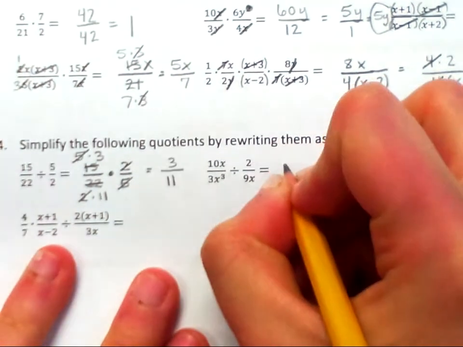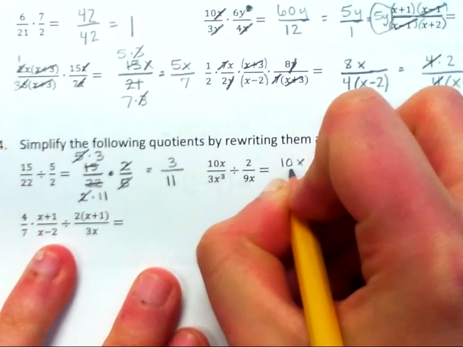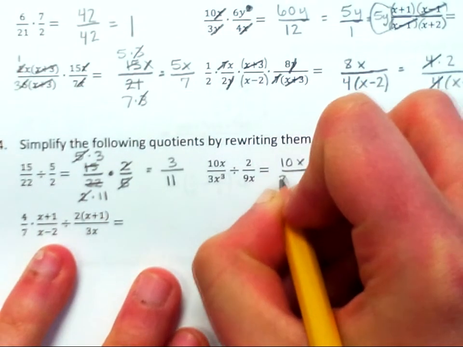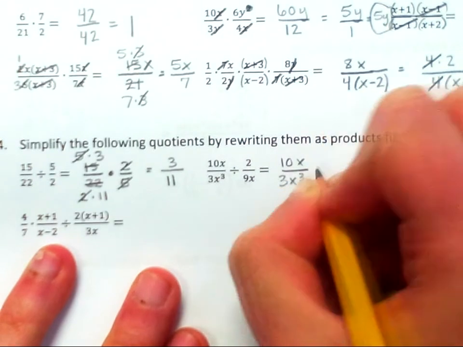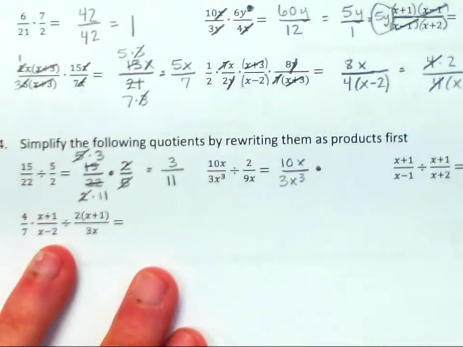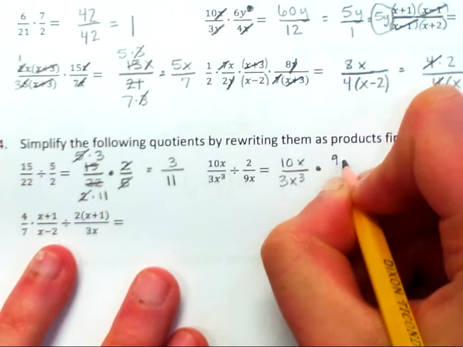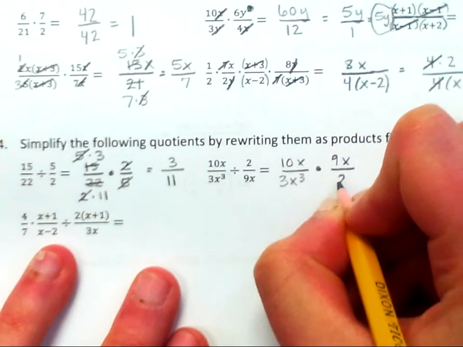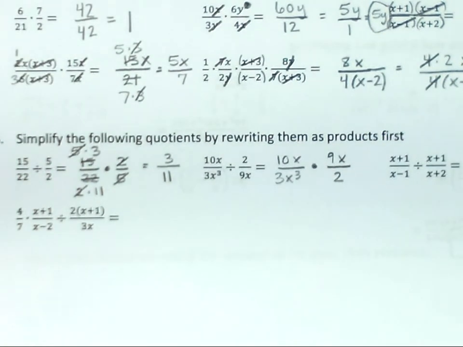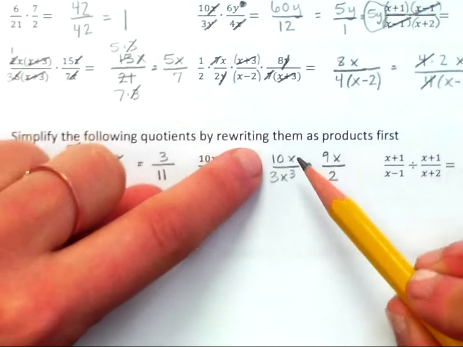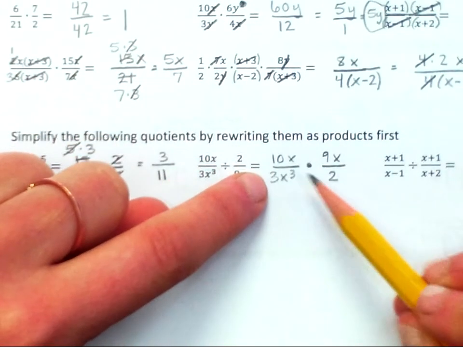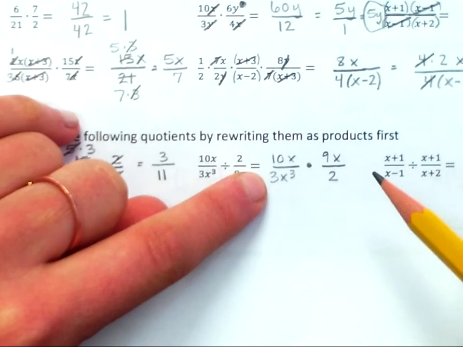So again, we're going to do 10x over 3x cubed. Change the division to multiplication. Put the 9x in the top now and the 2 in the bottom. I'll switch up my style again, so I can just multiply the top and multiply the bottom and then do my reducing later.